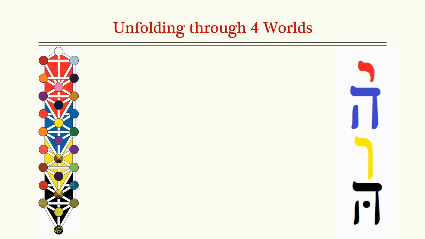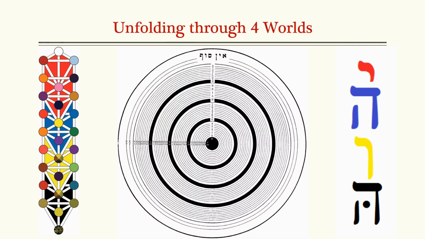You see on the right the divine name of the Hebrews, Yud He Vav He, or Yahweh, or Jehovah, which is expressed and manifest through the 4 worlds of the Tree of Life, which are 4 of those trees stacked one on top of each other, or more properly, one under the other, going down from the top, Yud, fire, to He, water, the blue, to air, the yellow, Vav, the black, the earth, Asiya. There in the center, you see the Tree of Life unfolding through 4 worlds.